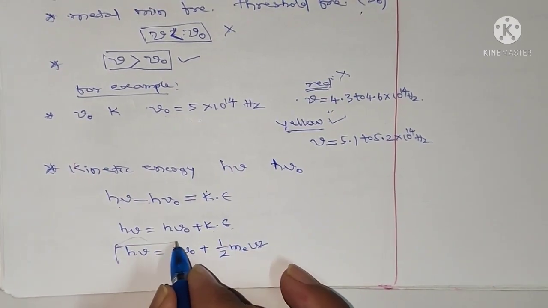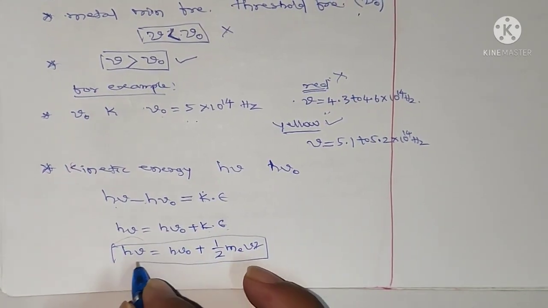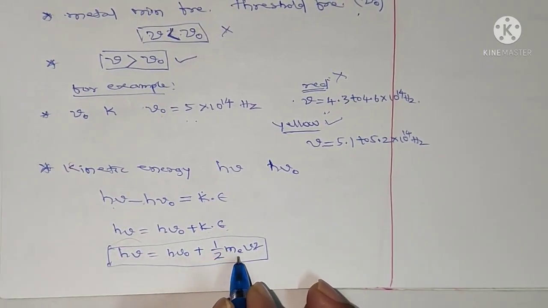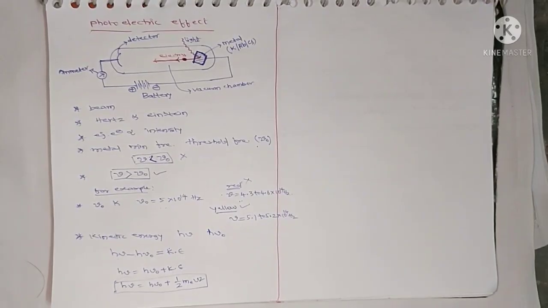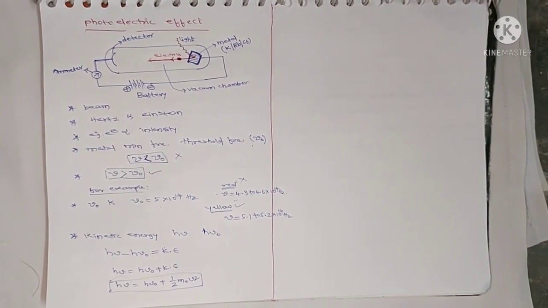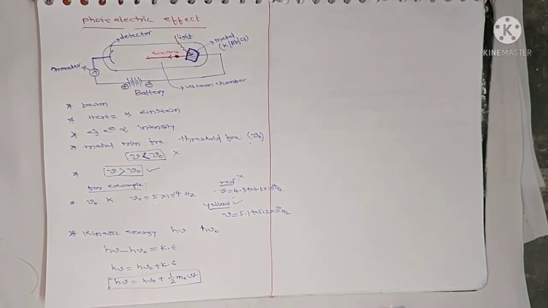So h nu is equal to h mu naught plus half m e v squared. So this is about the photoelectric effect.